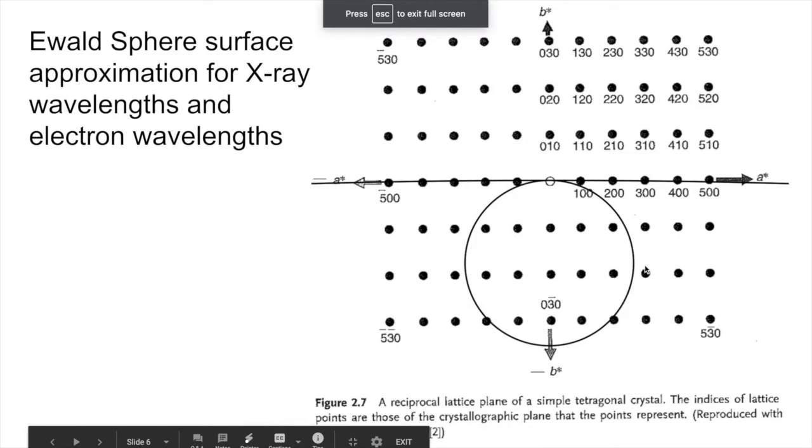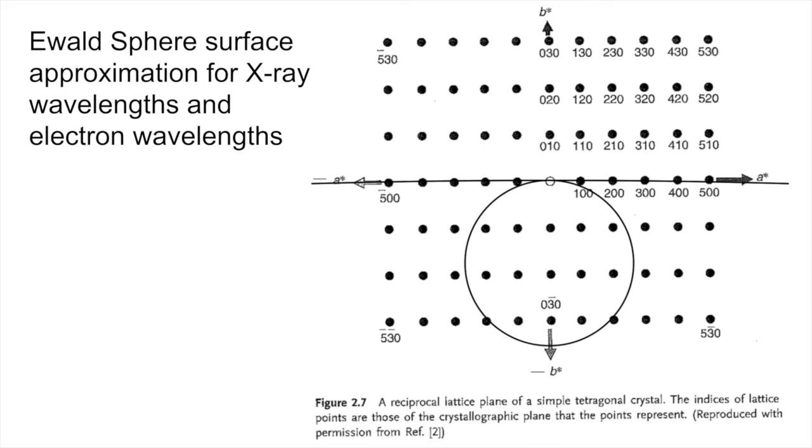All right, so this shows you the comparison of two different wavelengths. Again, the radius of the Ewald sphere, so the size of the Ewald sphere, is tied to the wavelength: 1 over the wavelength of the radiation that you're using. To approximate the wavelength of an X-ray, I've drawn this circle.